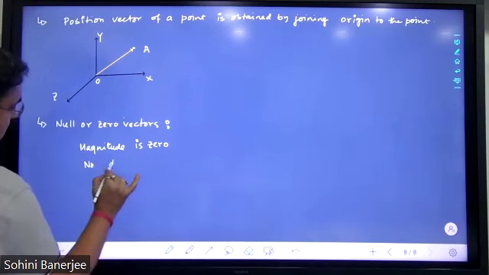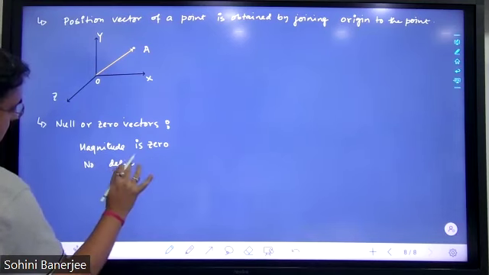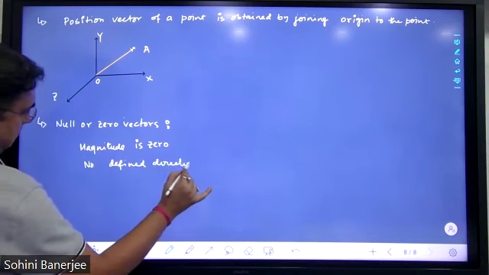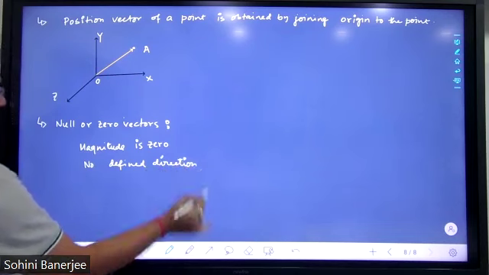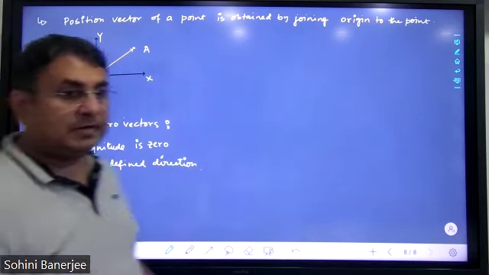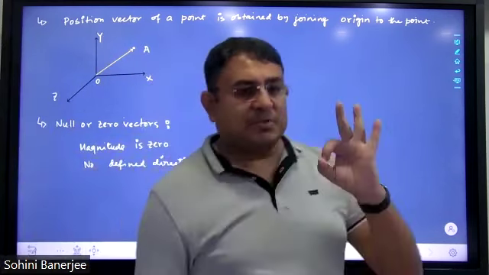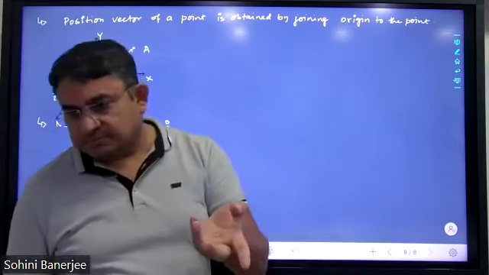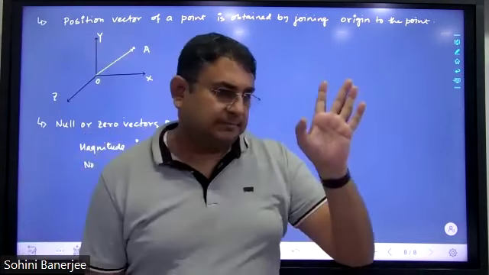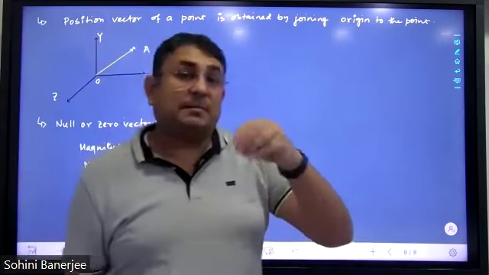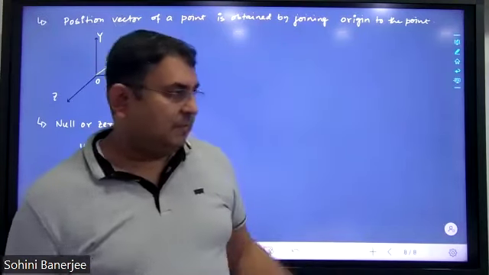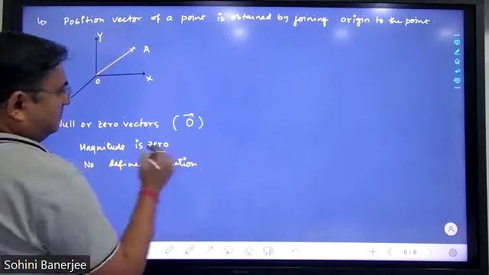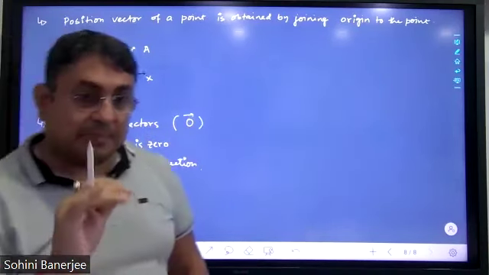No defined direction. Zero vector or null vector means magnitude 0. And as magnitude 0 does not have any existence, direction is also not defined. It is just a mathematical requirement. When we write this zero vector, it is 0 along with an arrow. So it is just a mathematical necessity.